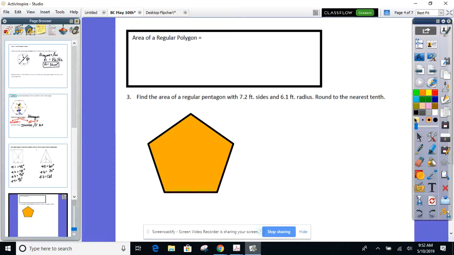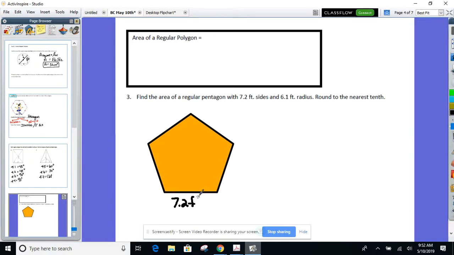Find the area of the regular pentagon, sides of 7.2 feet. Radius, 6.1. Find the area of the entire pentagon now. So I'm going to take your advice.